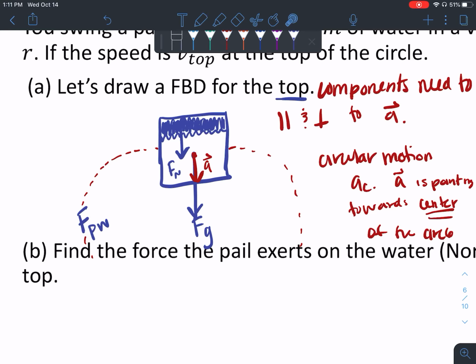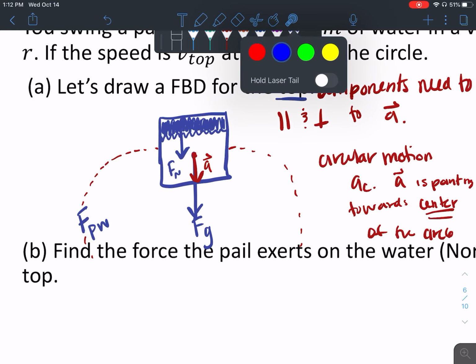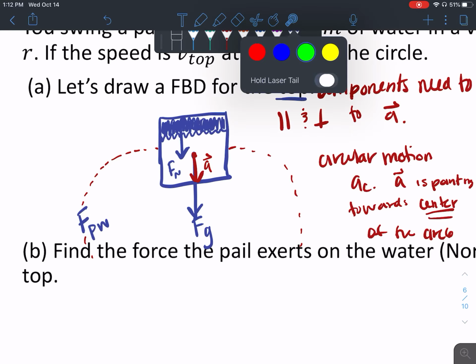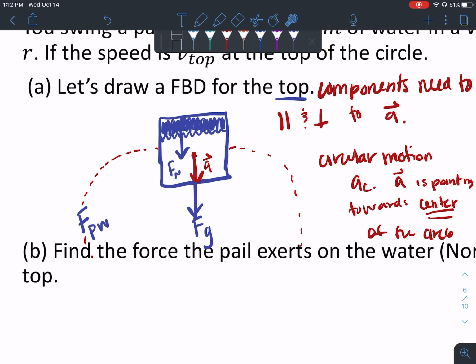Now I look and I see really easily that, all right, sorry about that. My laser that I like to point with is not working for some reason. I was going to show you right here, so now I'll just draw instead.